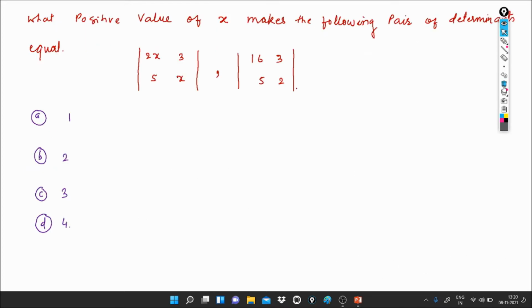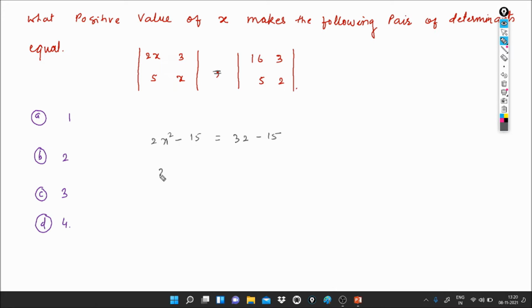What positive value of x makes the following pair of determinants equal? Again here we have to find the value of x by equating these two determinants. So 2x into x means 2x square minus 15 is equal to 32 minus 15.